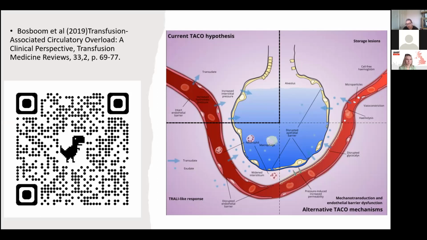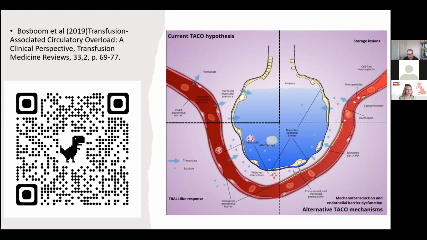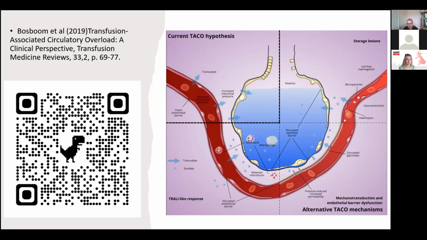There are 3 other alternative mechanisms that have been proposed, and if we go down to the bottom left-hand corner there is also a TRALI-like response that has been proposed that involves activated neutrophils and macrophages. So what happens here is that the endothelial barrier of the capillary is disrupted. There is also disruption of the epithelial barrier in the alveolus, and transudate and exudate will pass across that interstitium and move into the alveolus, again filling it up and causing pulmonary edema.